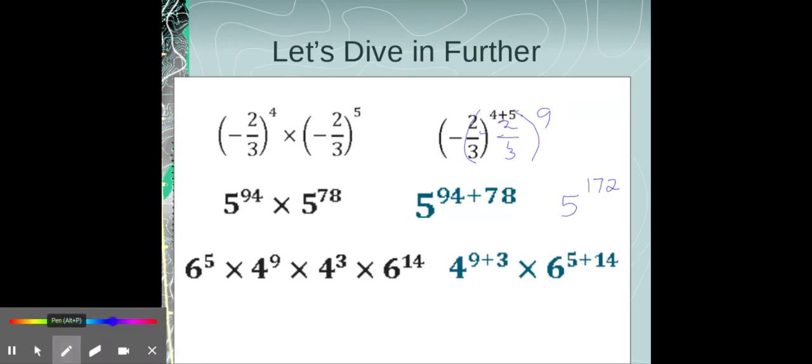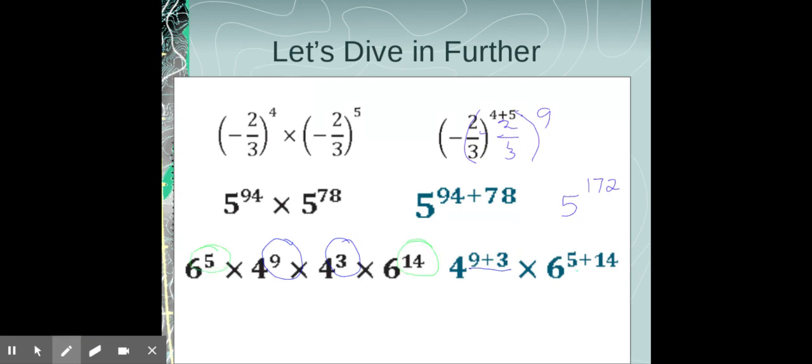Those come from the exponents of the 4. And then we have 6 to the 5 plus 14. Those come from the exponents on the 6. So actually, let me finish this off. This will come out to be 4 to the 12th and 6 to the 19th.